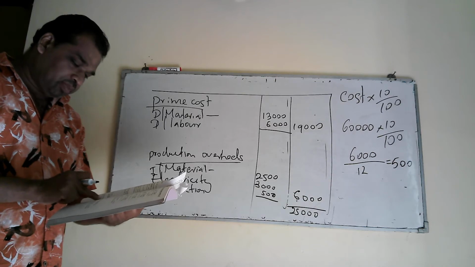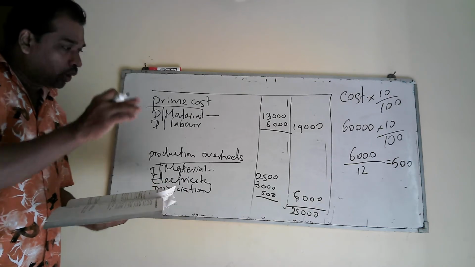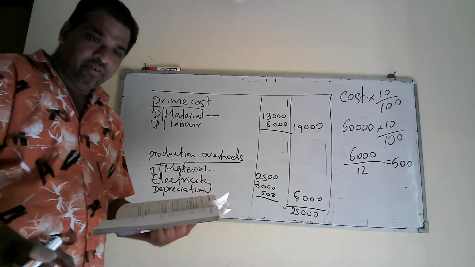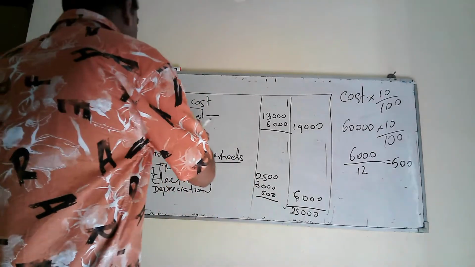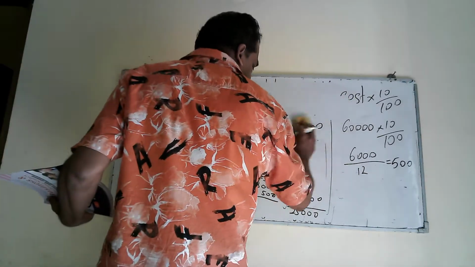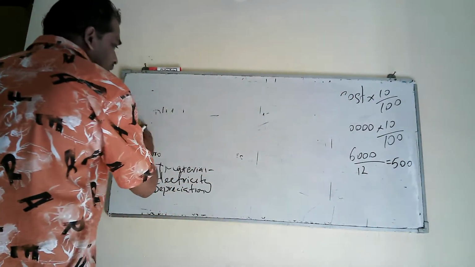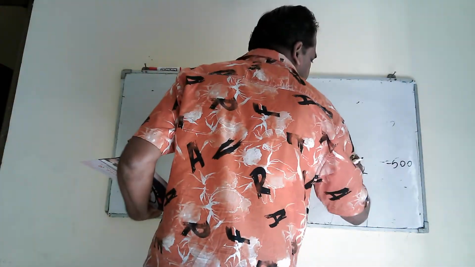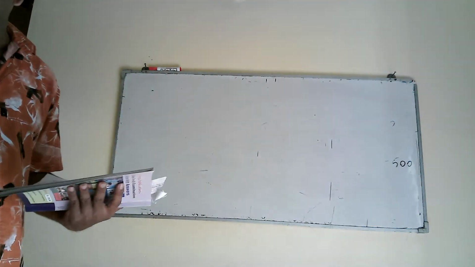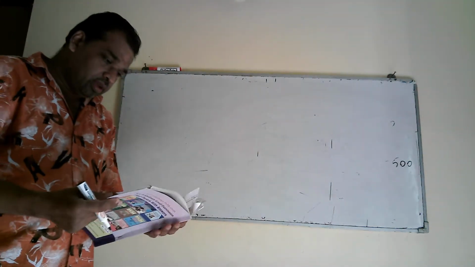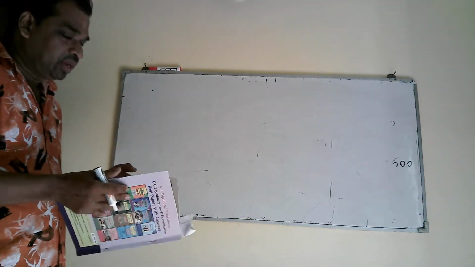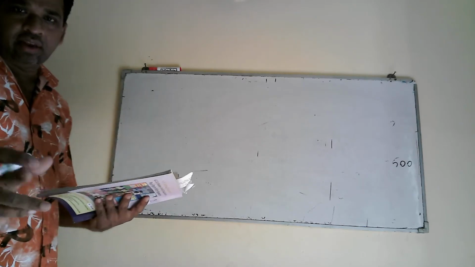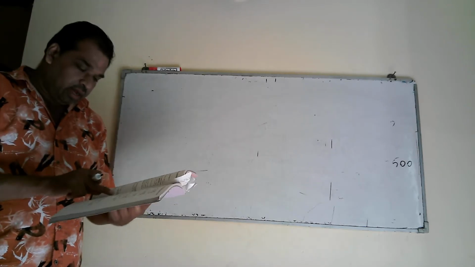Then it is okay. If you want to calculate unit cost here, you can take the total cost and divide by the number of units. Right. Then we got total production cost 25,000. In the question, you have to read it carefully.